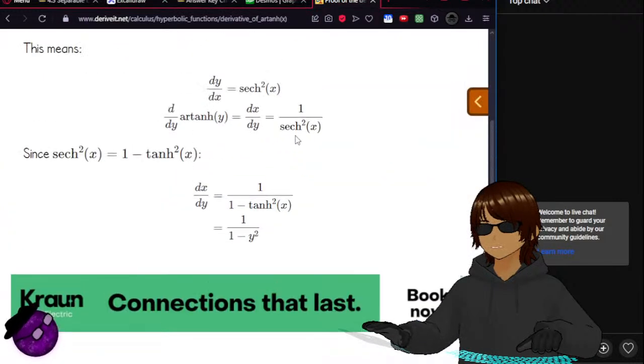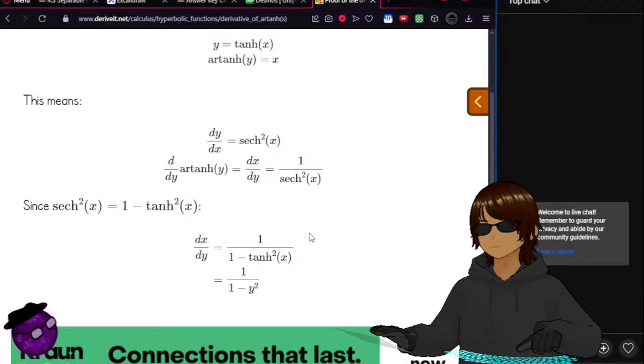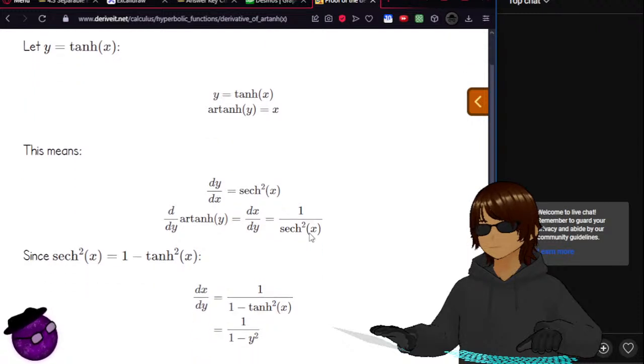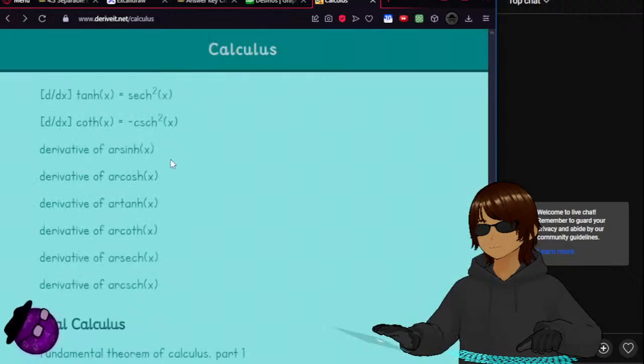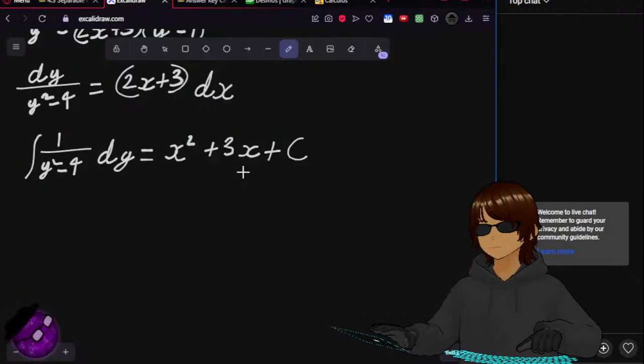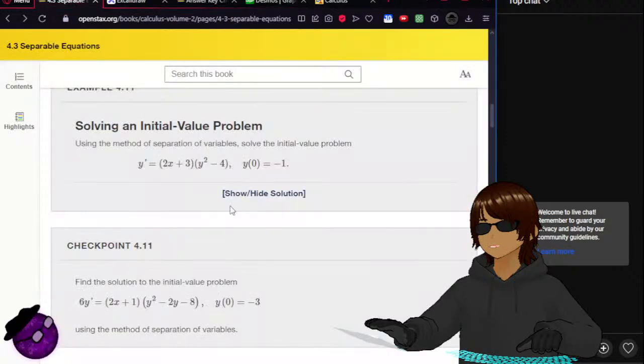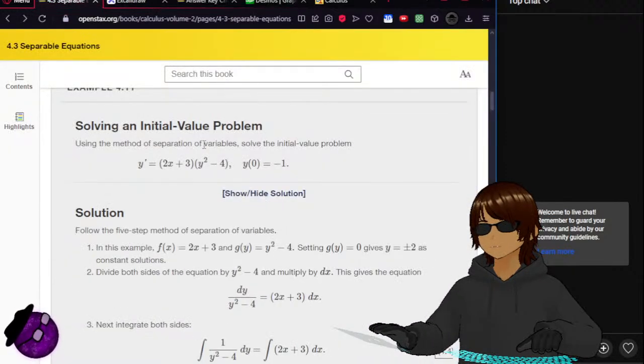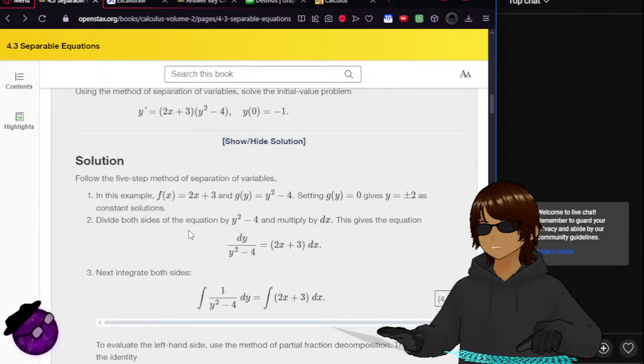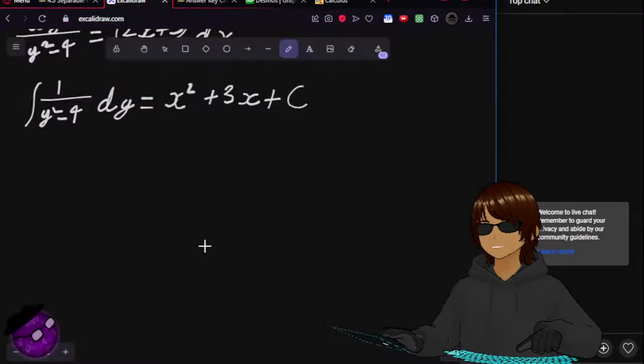Is minus 4. Trying to remember how to integrate this. Method of partial fraction decomposition. Okay.